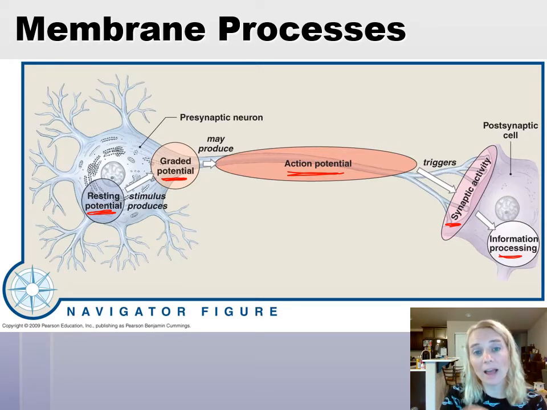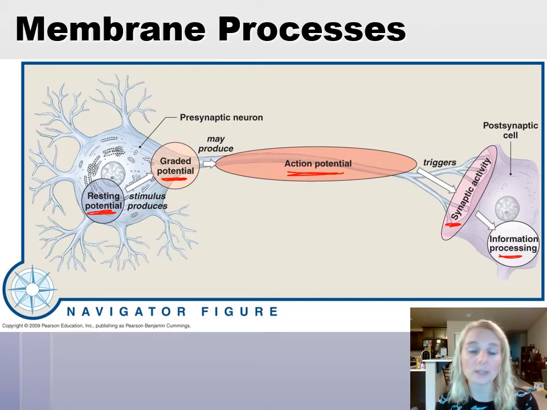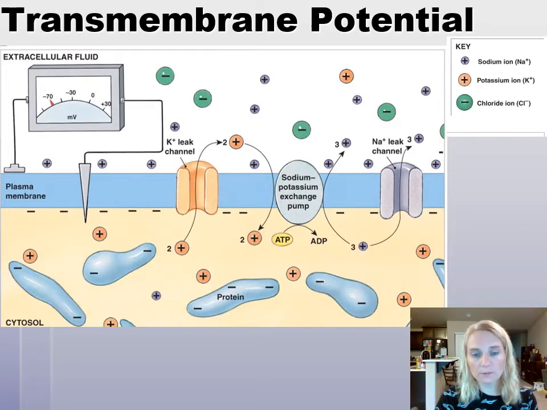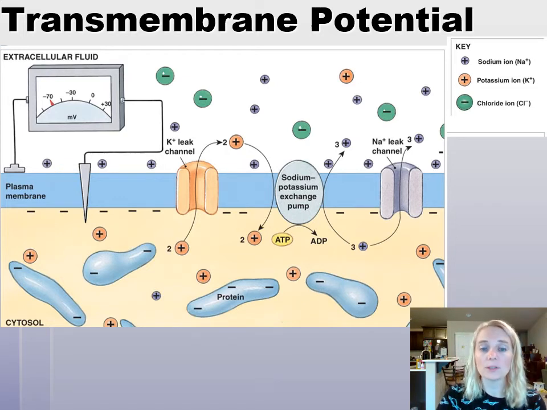So there are five parts of all of these membrane processes. This video is going to focus primarily on setting the stage for that resting potential. We have to understand that before we can change it to produce any of the other things that we see in the neuron.